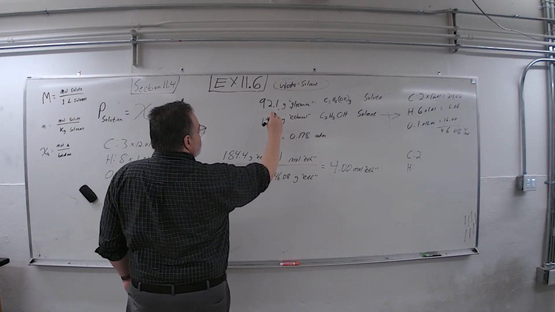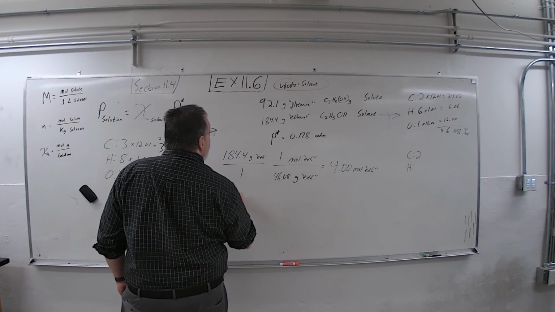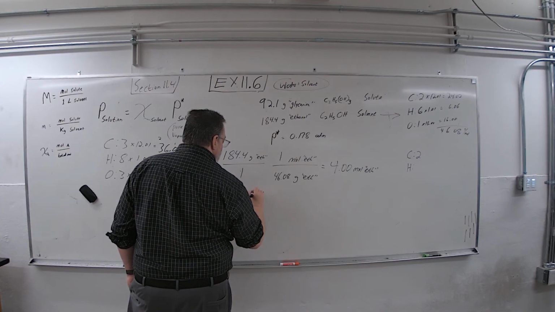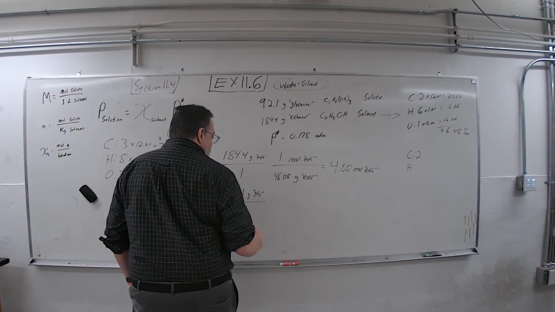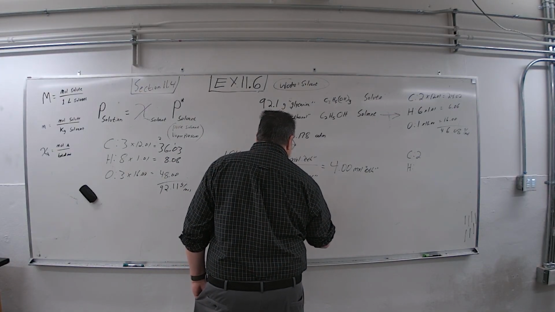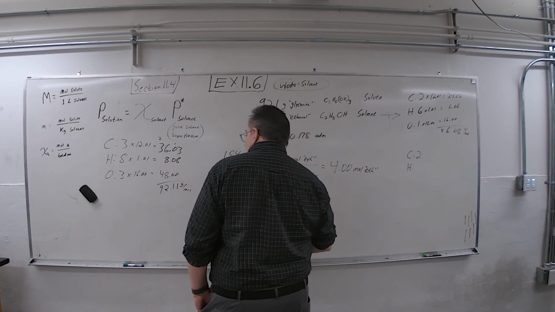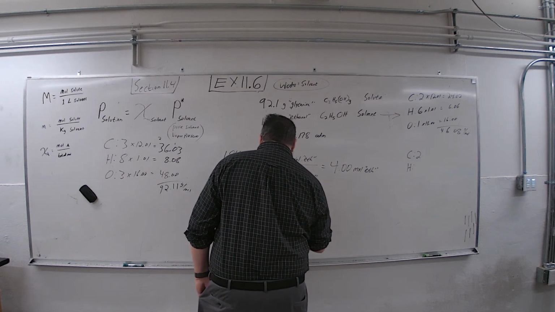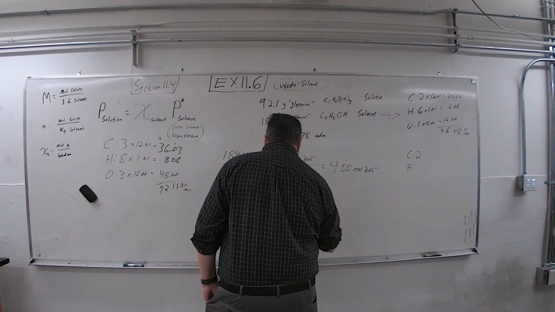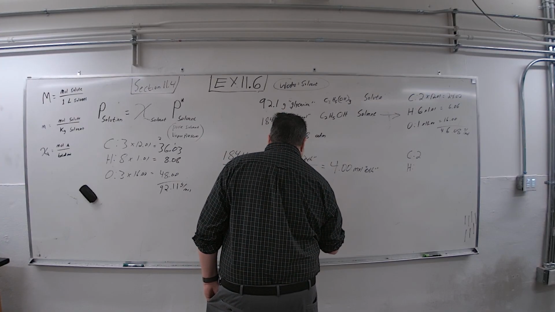So the number of moles of glycerin, one mole of glycerin is 92.11 grams.